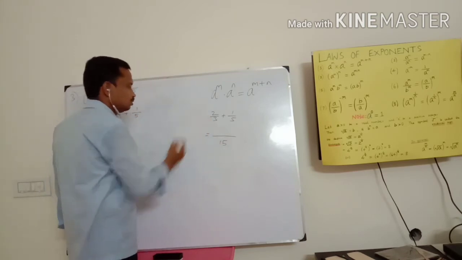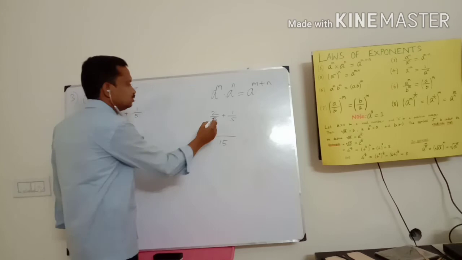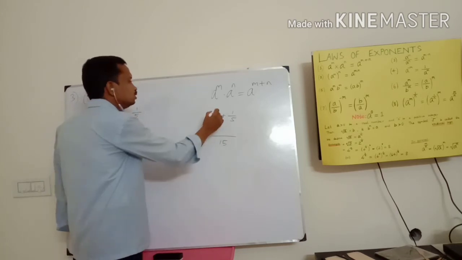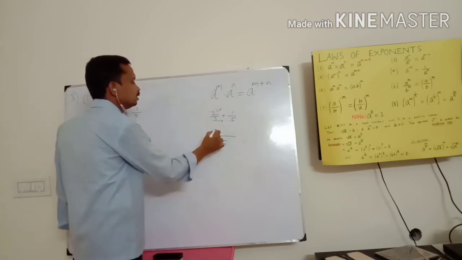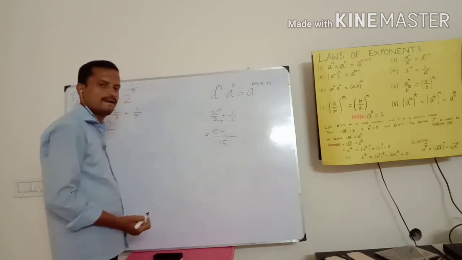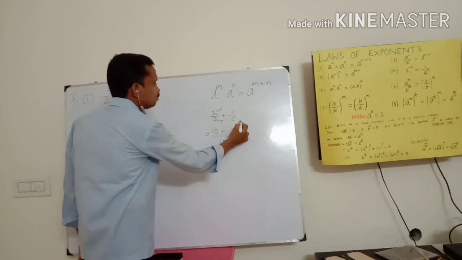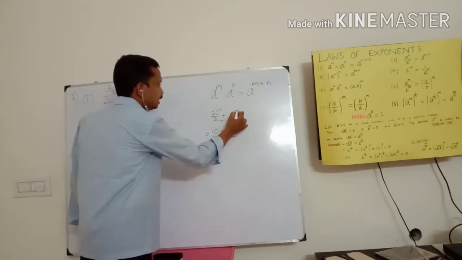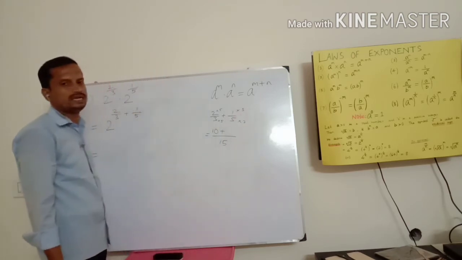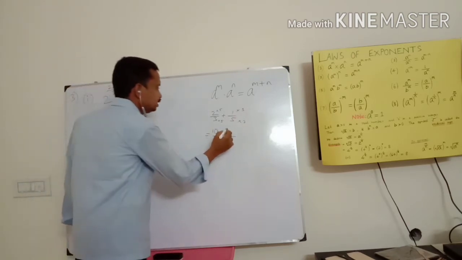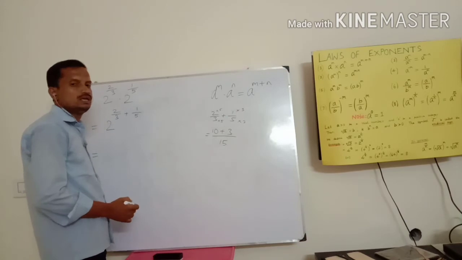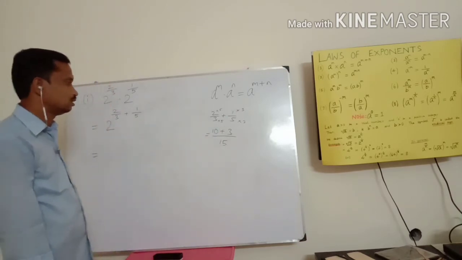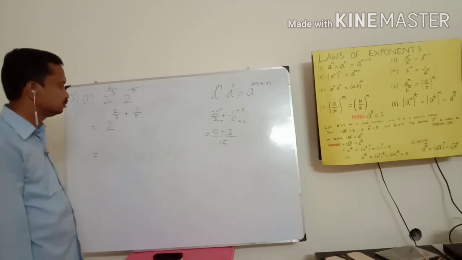And what will come in the numerator? So this here 3 into 5 only you get 15. So in the denominator also if you multiply by 5 you get 10. And here 5 into 3 it becomes 15. So you have to multiply the same 3 in the numerator also. So 1 into 3 you get 3. So 10 plus 3, what is that? 13.